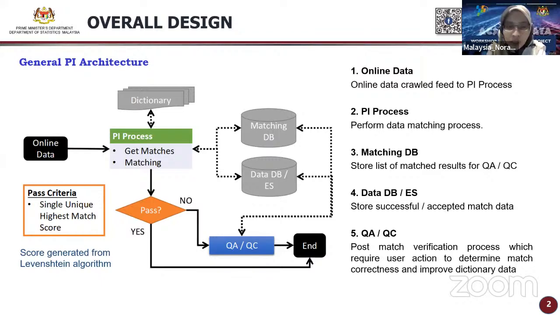Since the input data selected may have a great difference from the dictionary keyword, data or text, the score generated will not be high. So to overcome this issue, a unique high score is elected as the best match from the list of matches available to the record.